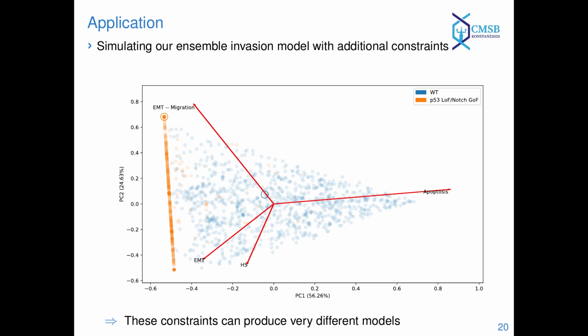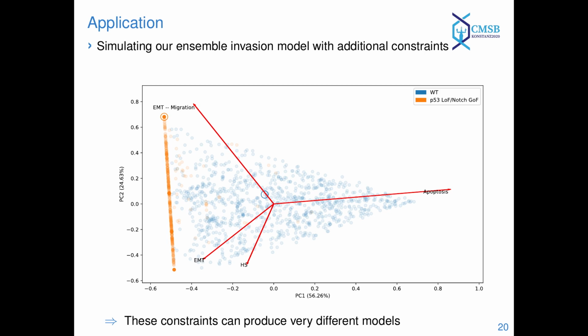For example, a blue circle on the right will show a model which has the vast majority of its phenotype as apoptotic, and very few EMT or migration. And the opposite will be, if you look at a circle on the upper left, you will have mainly phenotypes with EMT and migration activated, but less with only EMT or apoptosis.